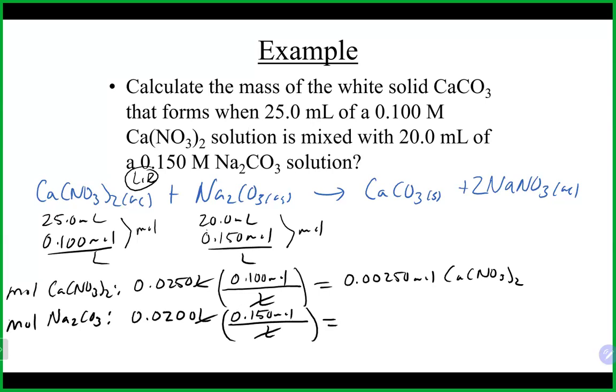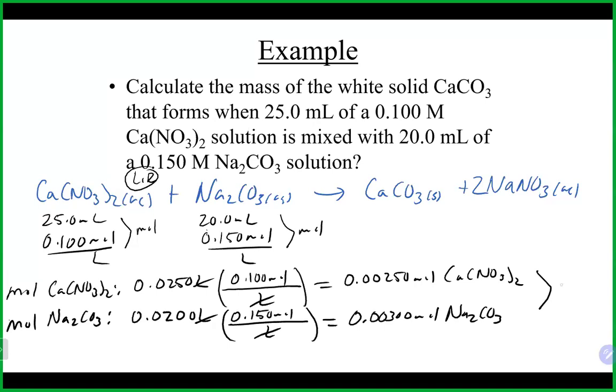Liters are going to cancel. Going to get us 0.02 times 0.15, 0.003 moles of sodium carbonate. This again is very much the same idea as what we did previously, where we just took grams and used the molar mass to get the starting moles, right?